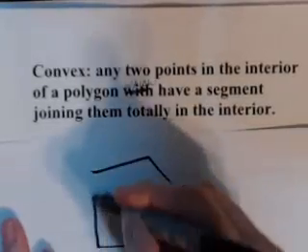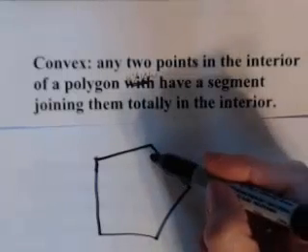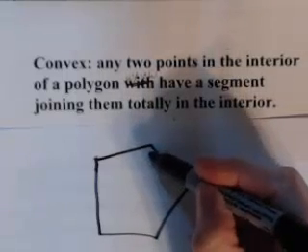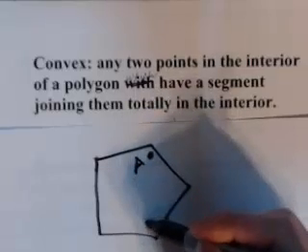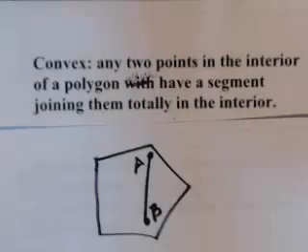For example, if I draw a polygon that looks like this, no matter where I position 2 points in that polygon, the segment that joins those 2 points would remain in the interior of the polygon.